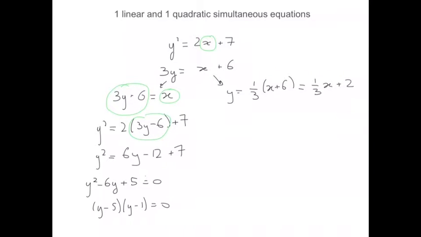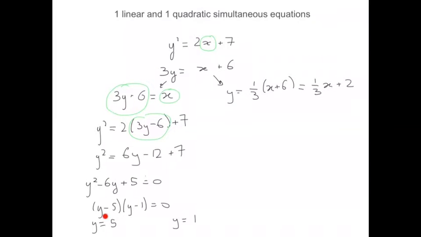You can check that the product of minus 5 and minus 1 is plus 5, and the sum of minus 5 and minus 1 is minus 6. So this basically means that y is equal to 5 or y is equal to 1.